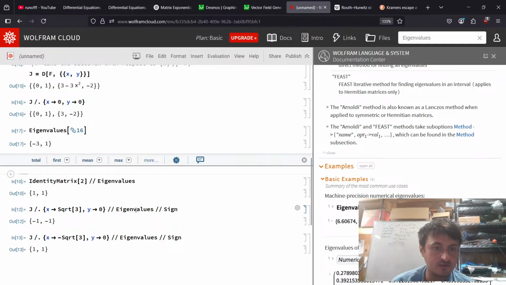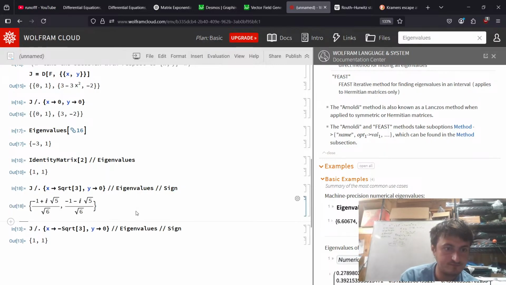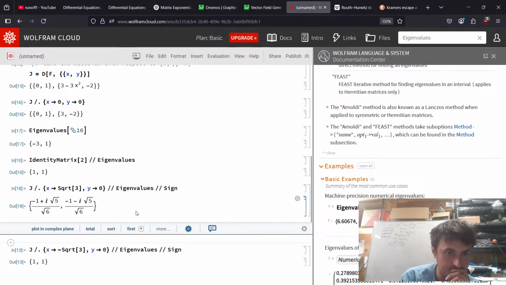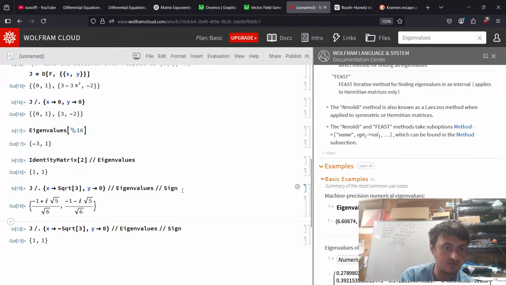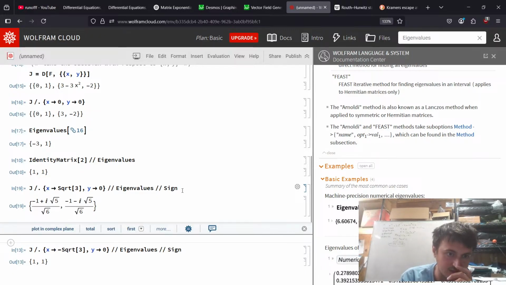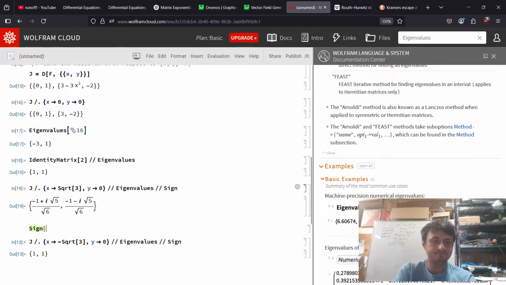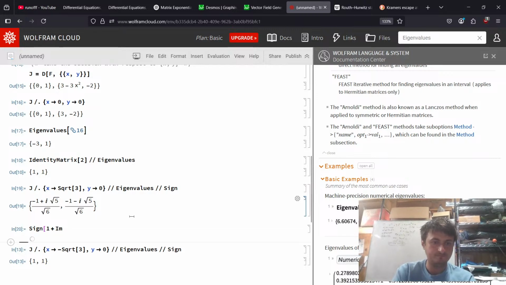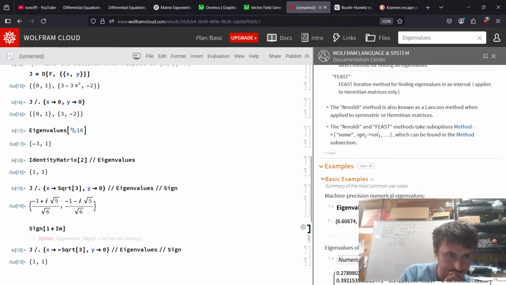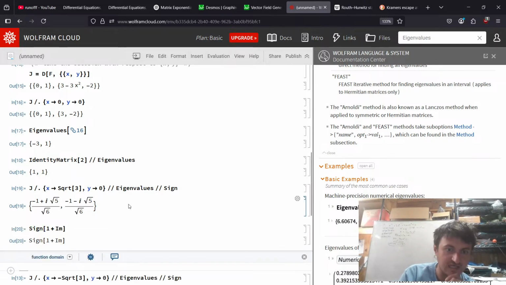All right, so now we can look at this, but the sign didn't. What? Sign of a complex number? Yeah, okay, so it's undefined.